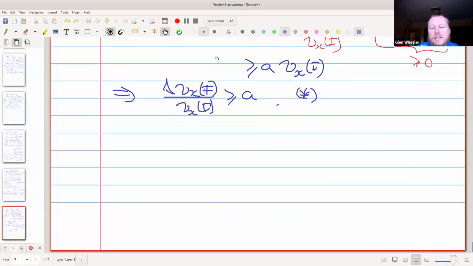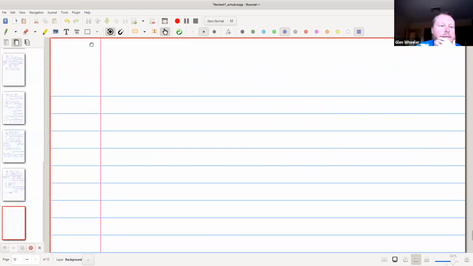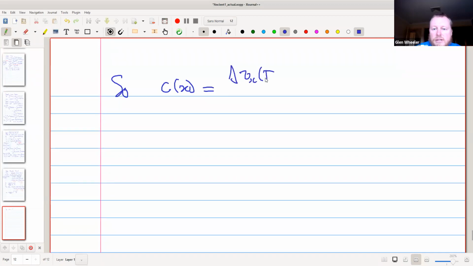So let's do that. How much space have I got down here? Not much. Let's make a new page. All right, call it C because that's what people normally call this function when you write down a PDE.